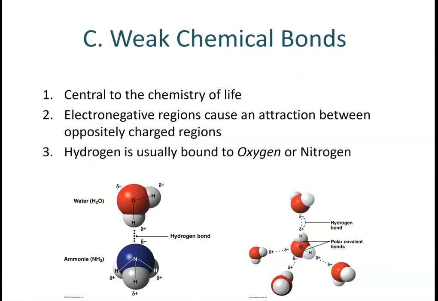Our last classification are weak chemical bonds. Now, there are different types of weak chemical bonds, but we are going to focus on hydrogen bonds, because water and other polar bonds, hydrogen bonds, are central to the chemistry of life.